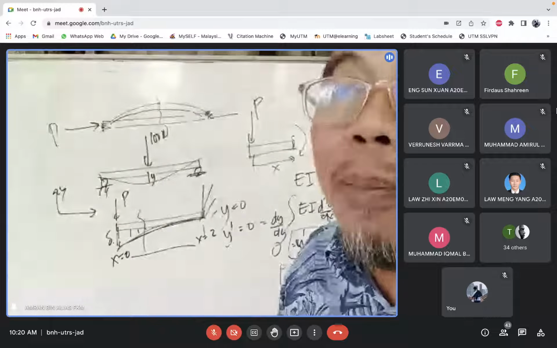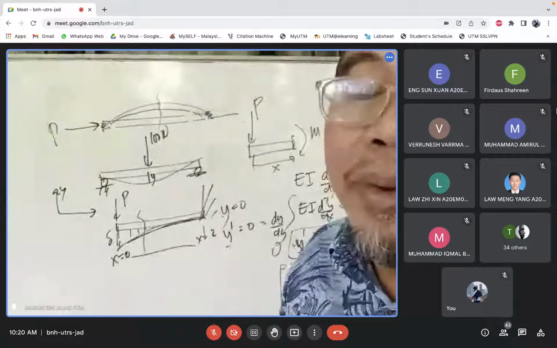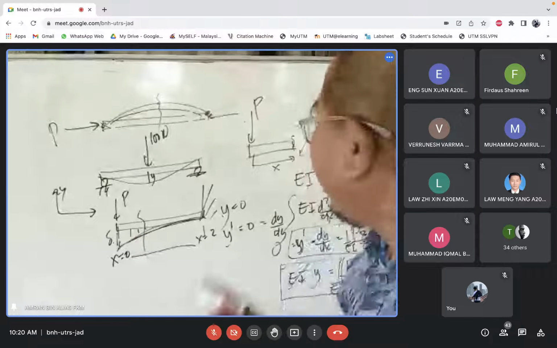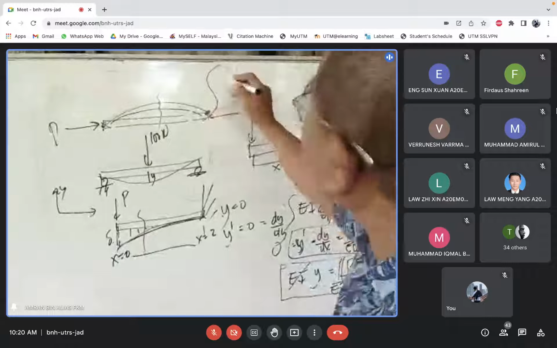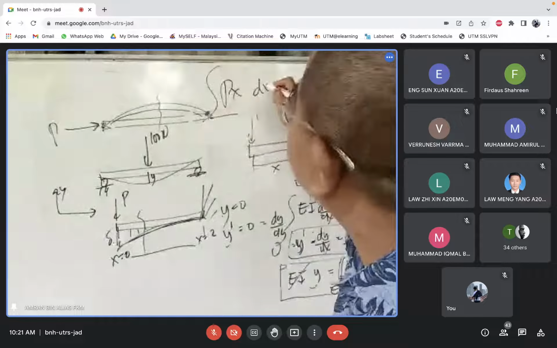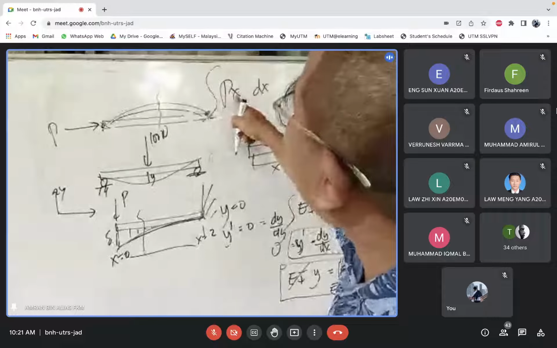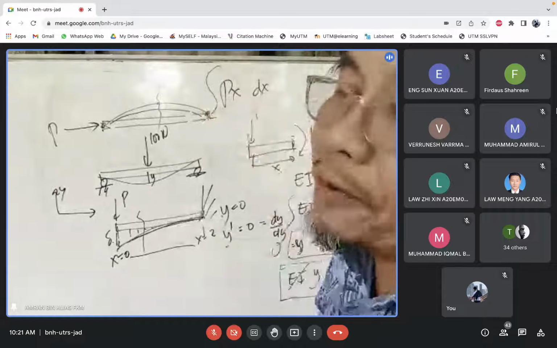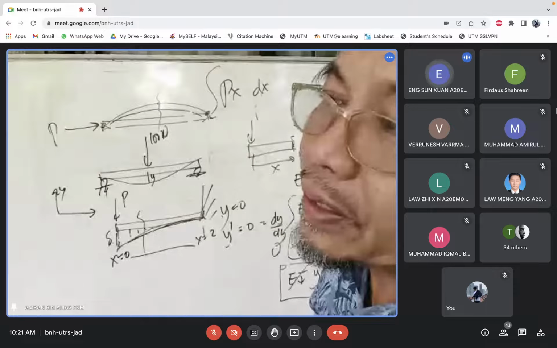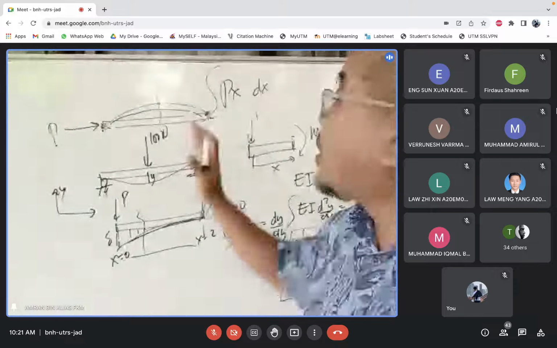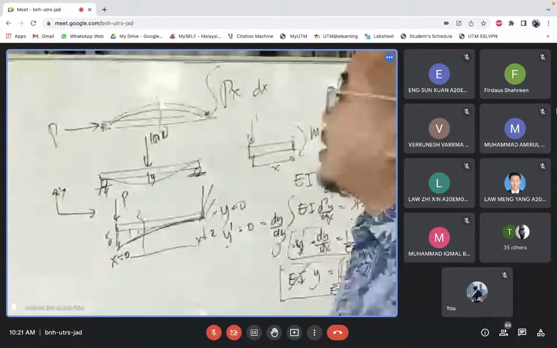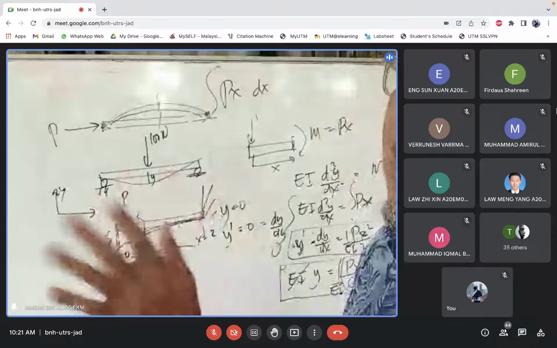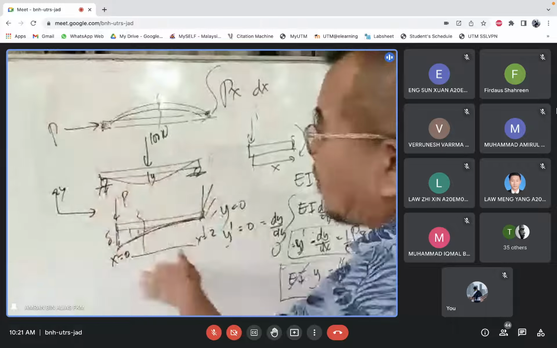That is from Macaulay. Because you integrate with respect to x. You integrate Px into dx. So this becomes x²/2, right? You integrate into dx. Those are simple methods of integration. You can find the slope and deflection.